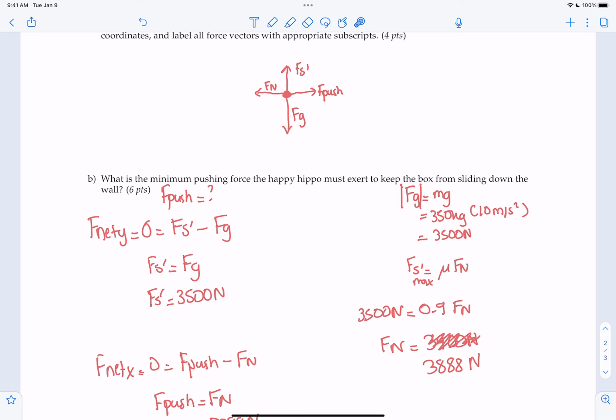Because if I push that box really hard up against the wall, static friction force won't be huge, right? Because I'm pushing so hard that it doesn't have to do as much work per se. And then if I let go a little bit, relieve some of that pressure, it's going to start slipping. And so in order to prevent that slippage, static friction force is going to increase a lot to counteract gravity and keep the box from sliding down.